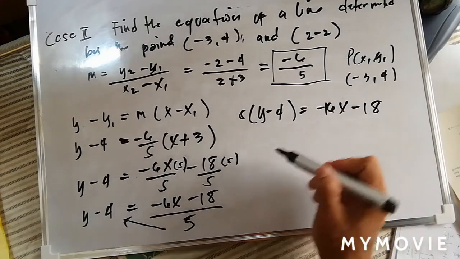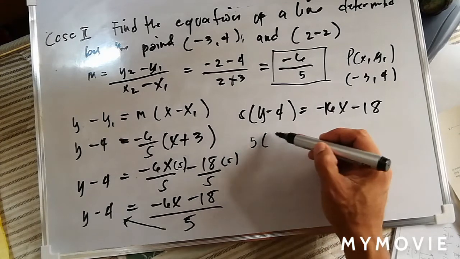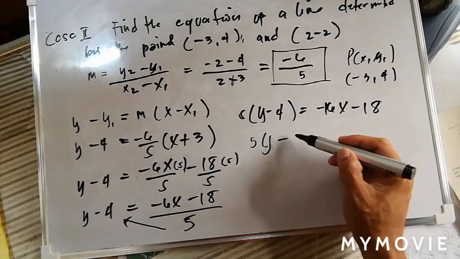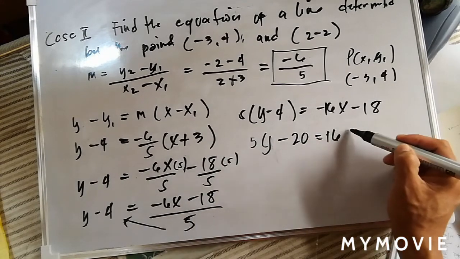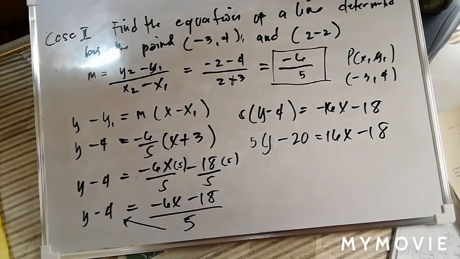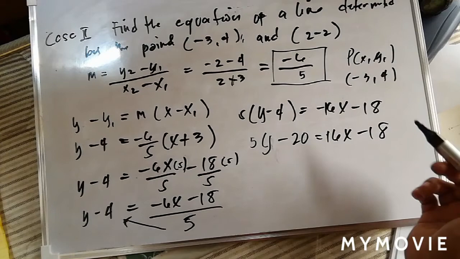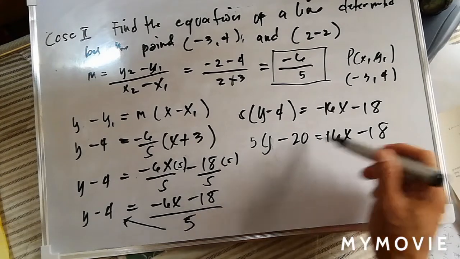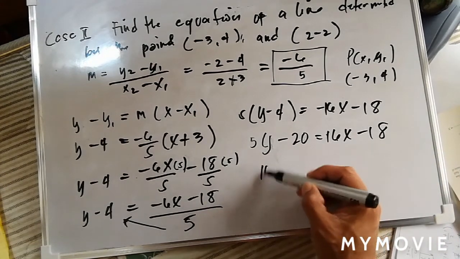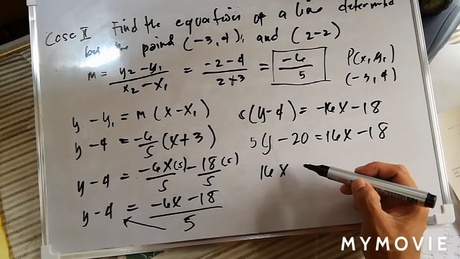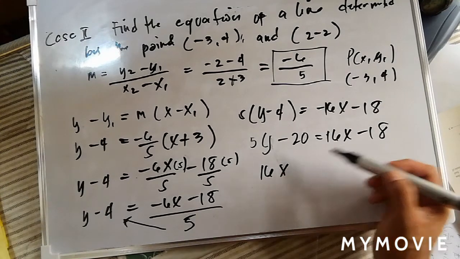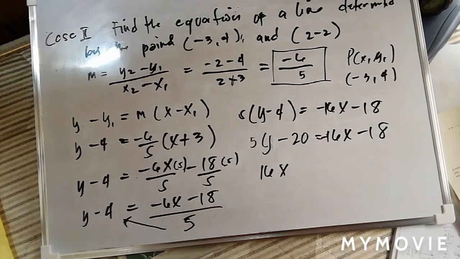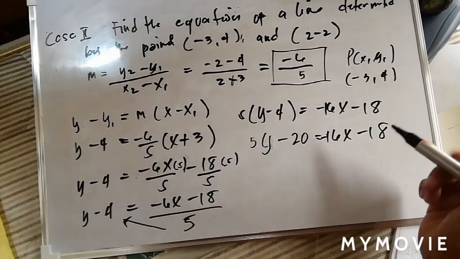Here we will distribute the 5 in the equation. That is 5y minus 20, equal to negative 6x and then negative 18. Then we're going to transpose terms.